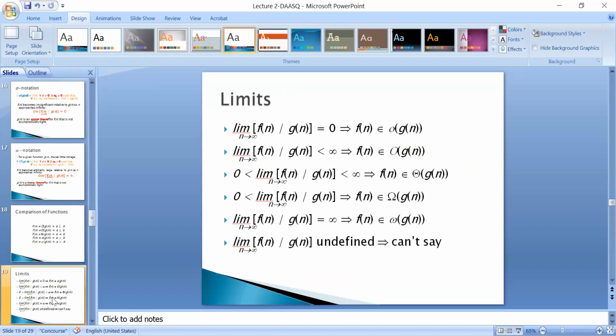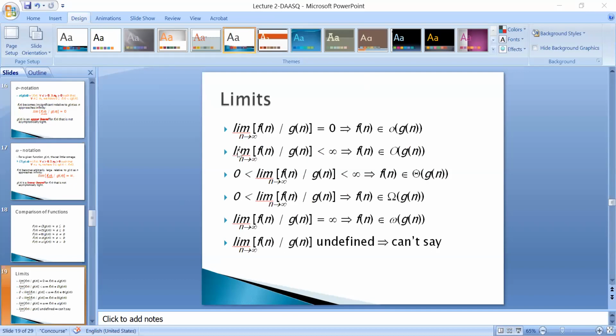So let's look at the main one. Your fn is big O of gn if fn is less than or equal to gn.